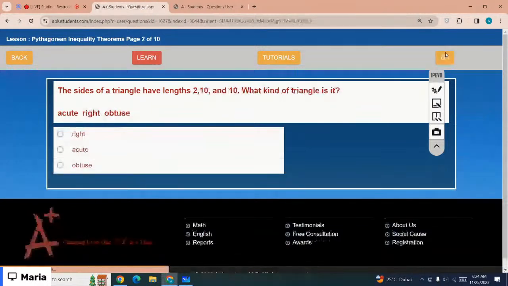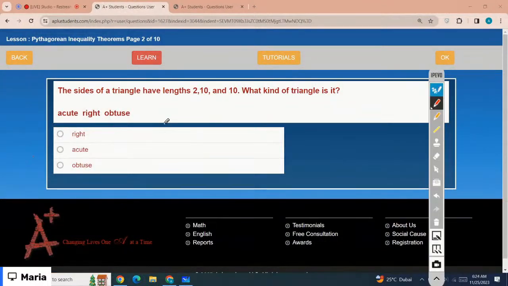Okay, the sides of the triangle have lengths 2, 10, and 10. What kind of triangle is it, right? So this is c, 2 square plus 10 square, and you have to compare it. So 4 plus 100 is 104, which is obviously greater than 100, right?